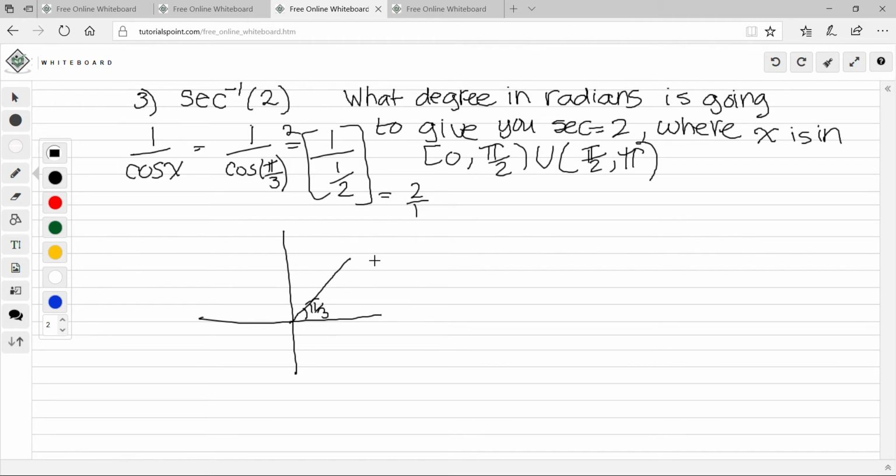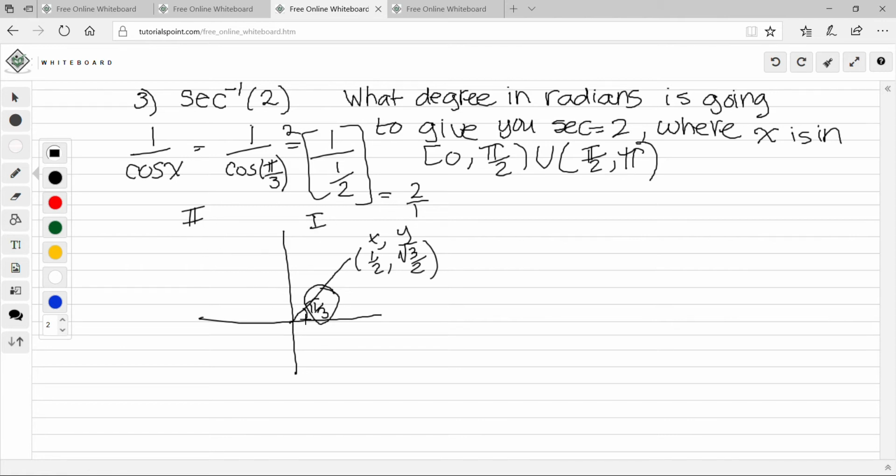The reason why I'm using radians of pi over 3 is because that has a coordinate of 1/2, comma √3 over 2. This is our x and this is our y. And we agree that if we put 1/2 in cosine, cosine of pi over 3 is 1/2, that gives us a secant of +2. So we could use pi over 3. Our boundaries are from 0 to pi halves and pi halves to pi, so we can only use quadrant 1 and quadrant 2.